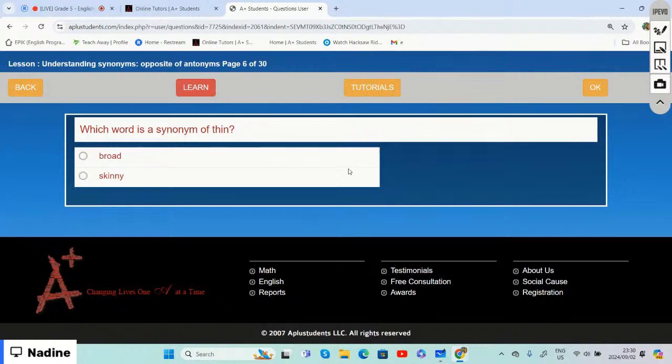The same as thin. What is the synonym of thin? The same as or almost the same meaning as thin. Is it broad or is it skinny?